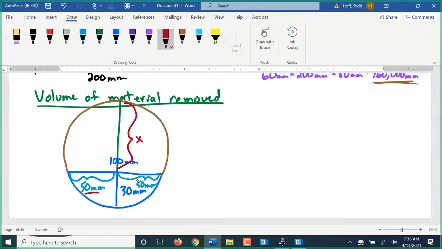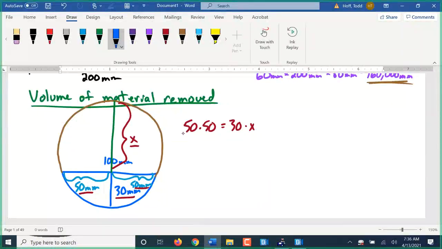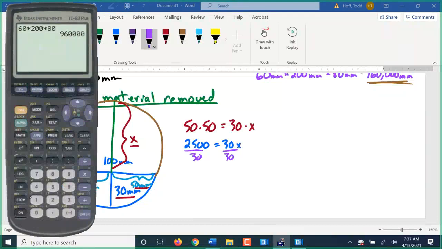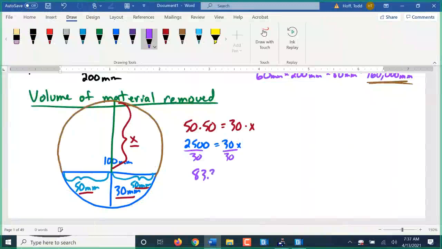So this chord is 50 by 50, so it's 50 times 50, and it has to equal this chord, which is 30 times X. So, of course, 50 times 50 is 2,500, and we'll divide by the 30 to get X equals 83.333. X equals 83.333.